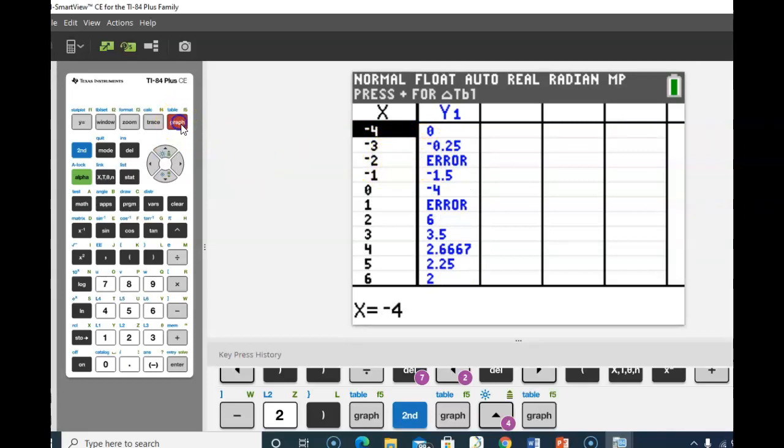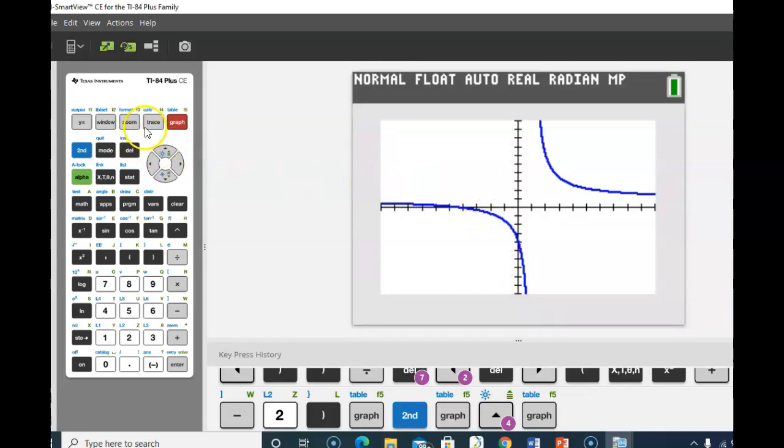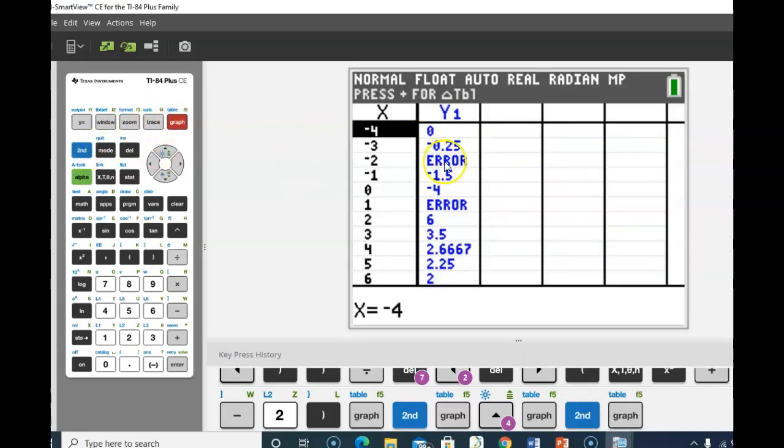So if we go back and look at the graph, clearly we can see this horizontal asymptote here at 1. So over here at -2, the way that we're able to identify there's a hole there is by seeing that it is undefined on our table at that location. So that's how a hole is going to show up on your graph.